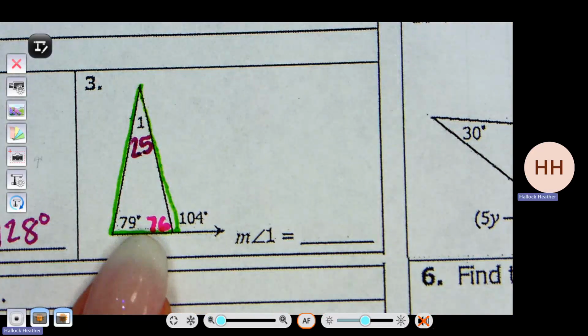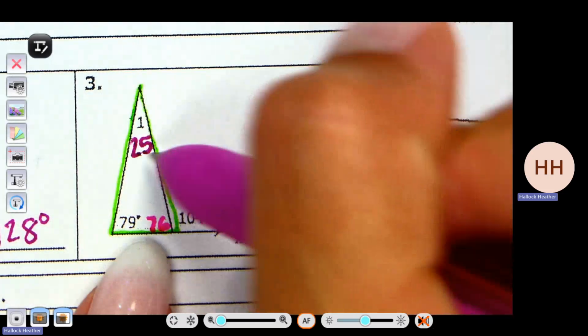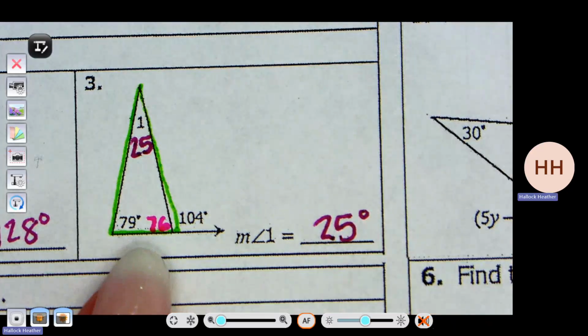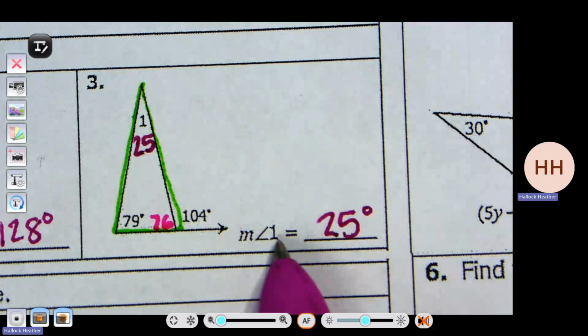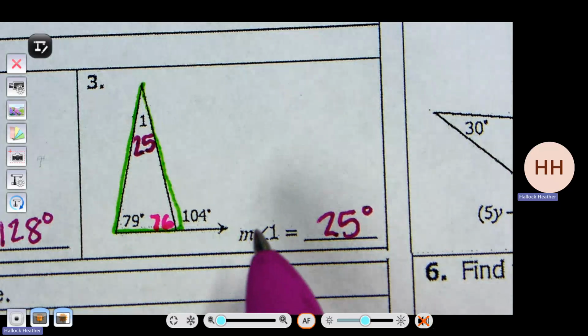They have to add to make 180 because it's a triangle. So if you add them and you subtract from 180, that missing angle is 25. Does that make more sense? That one says 1 though, because it's the measure of angle 1. So it's not 1 degree.